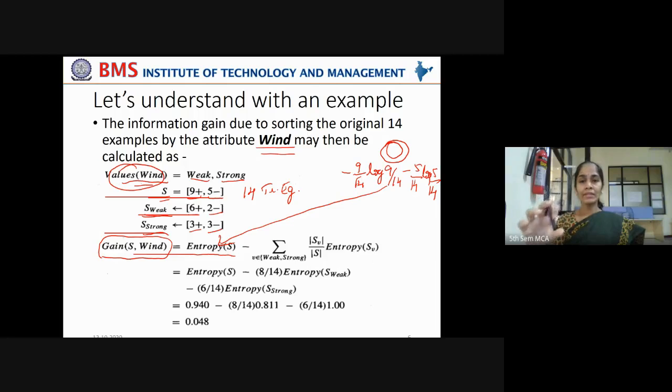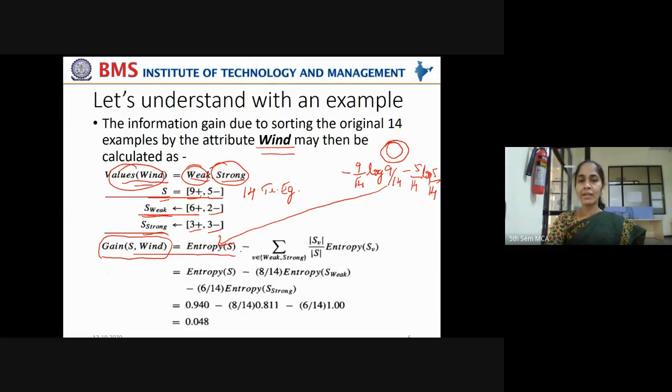From that entire set of training examples entropy, you have to remove entropy of the attribute wind. But wind has 2 values. So you have to calculate the entropy with weak and entropy with strong values, right? That is what we are doing.